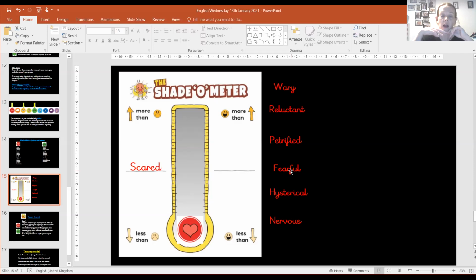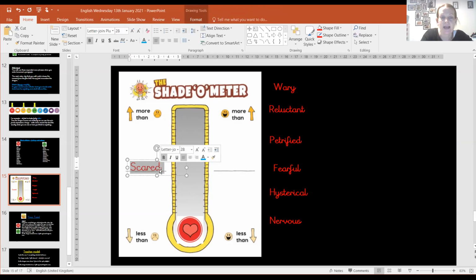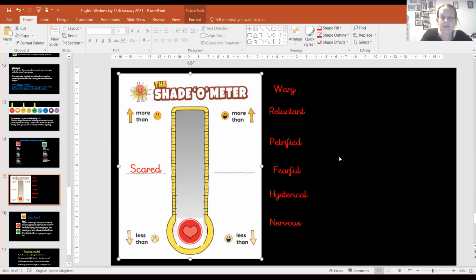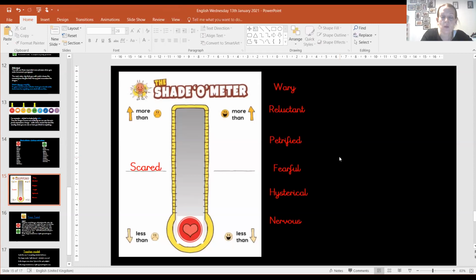So we've got scared in the middle. So we're thinking about synonyms for scared. Now, sometimes we can feel scared when, for instance, you are on the top of a tall tower. You might feel fairly scared. You can also feel more or less than scared.